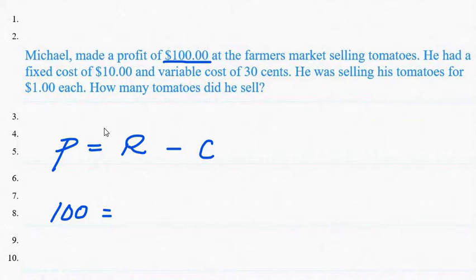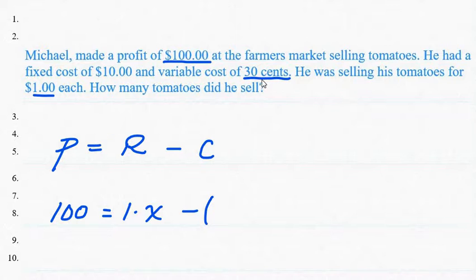His revenue, he was selling each tomato for $1. So that would be $1 times the number of tomatoes that he sold. Minus, now here's the cost function. We need to start a parentheses here. He has a variable cost of 30 cents.